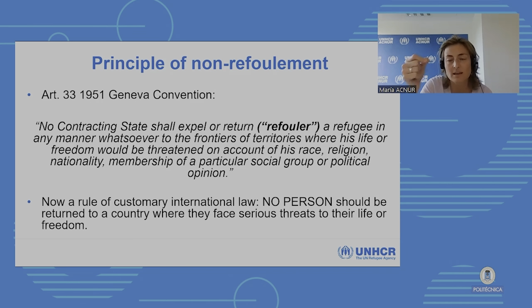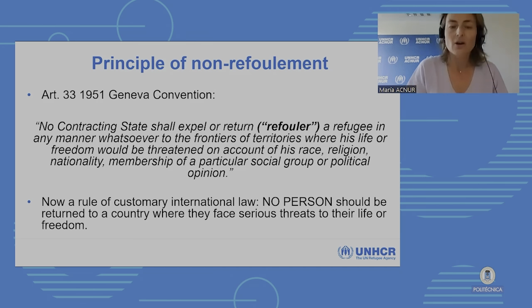What this kind of operation implies is that the person is not given the possibility to express, in a proper procedure, with a lawyer, with an interpreter, with adequate conditions, if the person can or cannot return to his country. So if you only retain from today this principle of non-refoulement, that would be great.